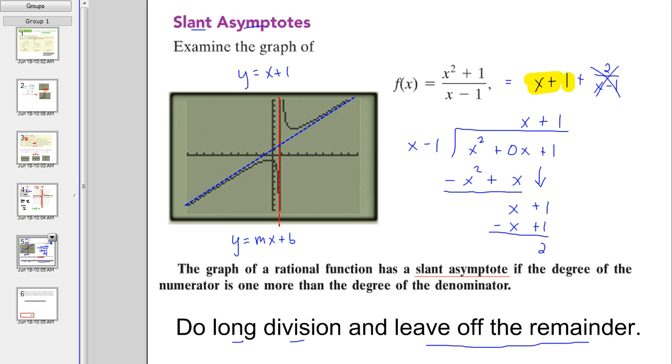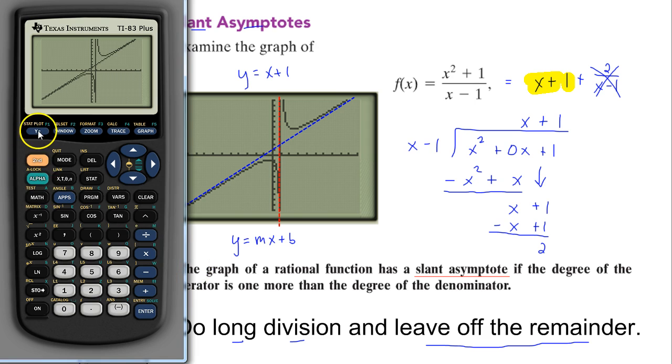If you don't leave off the remainder, let me just show you what happens. If I include the remainder, plus 2 divided by (x minus 1), and leave the remainder there, go back here and make this a bold line so you can see. There's the original function, and now here's the other one.